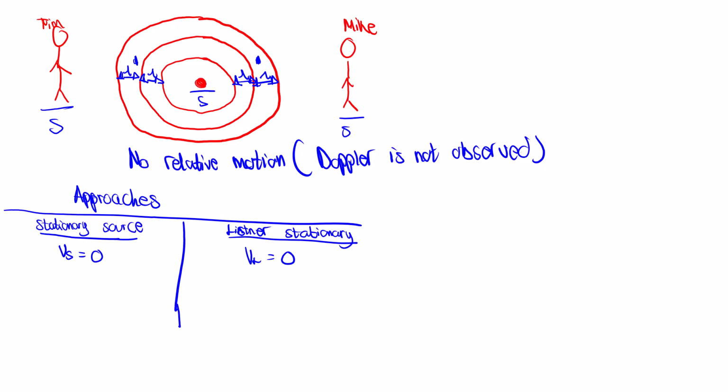But remember, we said with approaches, as long as the source of sound is approaching me, or I am approaching the source of sound, I have to register a frequency higher than the source of sound, right? So with approaches, one thing you have to know is that the frequency of the listener will always be greater than the frequency of the source of sound, right?